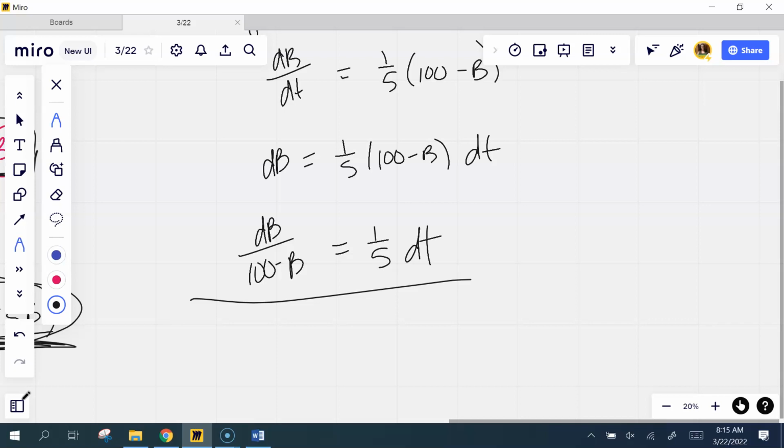You'd have to divide by that, and you don't do the plus C on the same side.